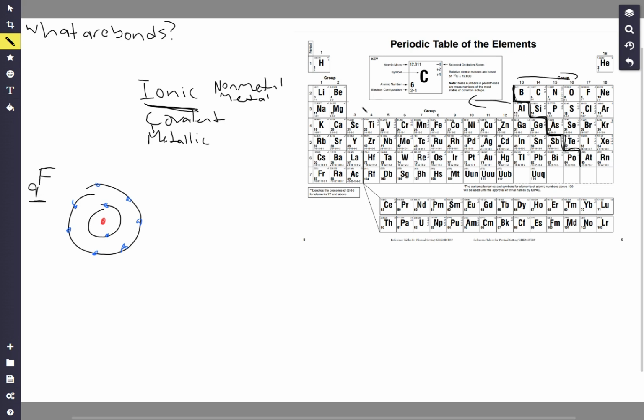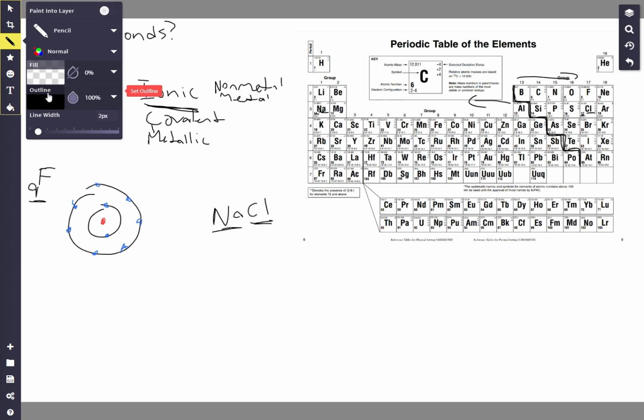So an example of an ionic bond that I'll give you is NaCl. So sodium, Na, and chlorine, Cl, right? Na has an atomic number of 11, so it's going to have 11 protons and 11 electrons, and Cl has an atomic number of 17, so 17 protons and 17 electrons. So let's draw that out.